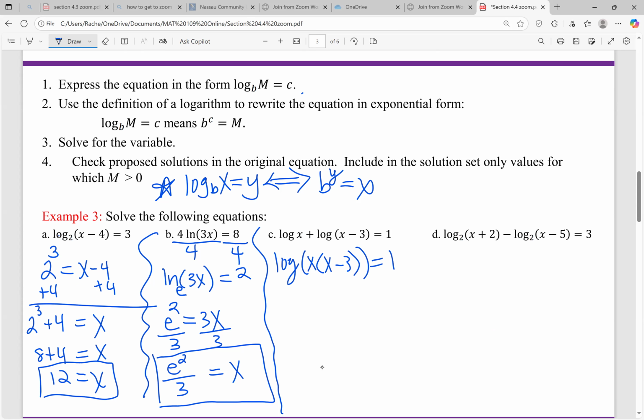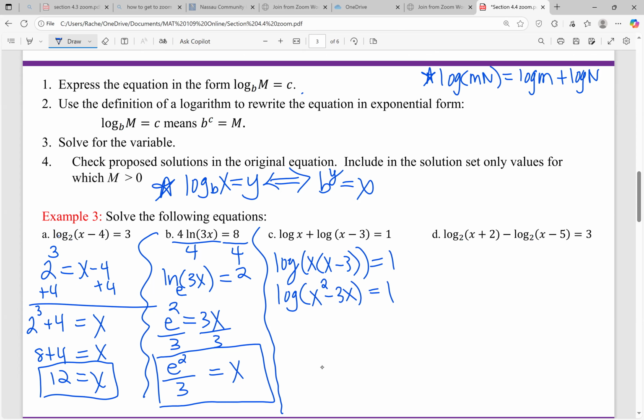So remember, and I'll put that up here. Remember, the log of m times n is equal to the log of m plus the log of n. And x times x minus 3, I could just multiply that out, right? So this is the log of x squared minus 3x equals 1.